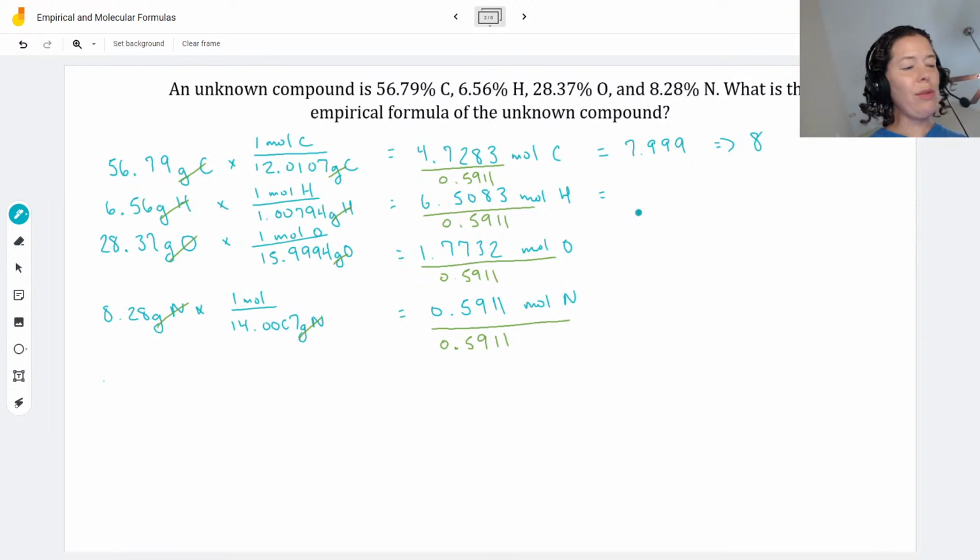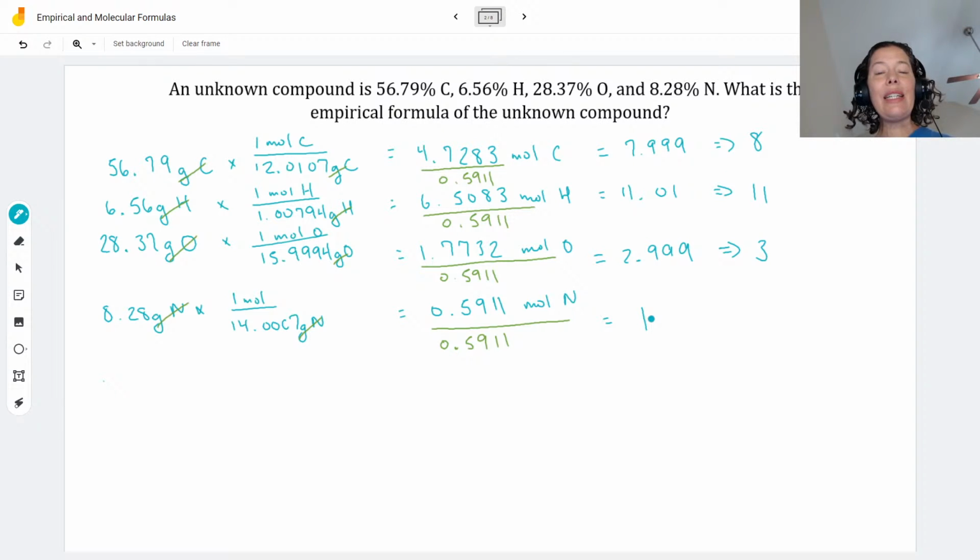So for hydrogen, when we do this, we're going to get 11.01. Again, you just assume that that is 11. You're looking for the closest whole number. And for oxygen, that ends up actually being, again, 2.999, which we can assume is 3. And of course, our nitrogen gives us 1 exactly.